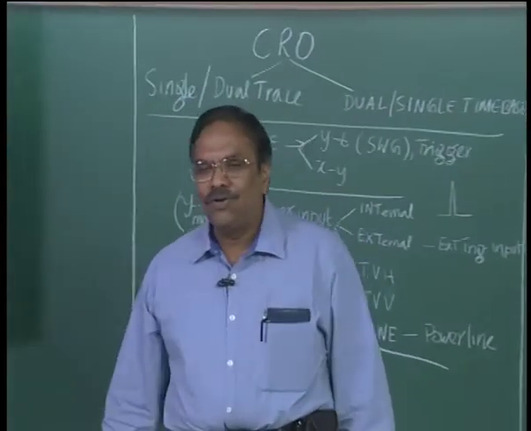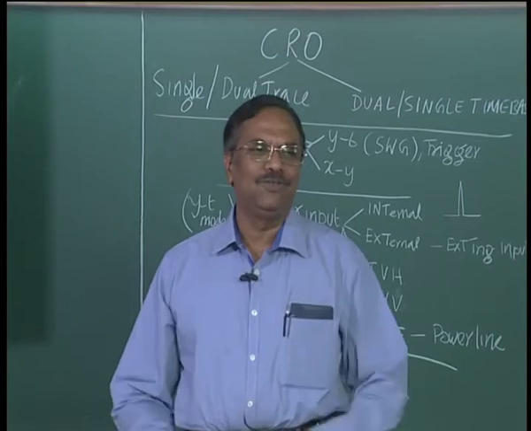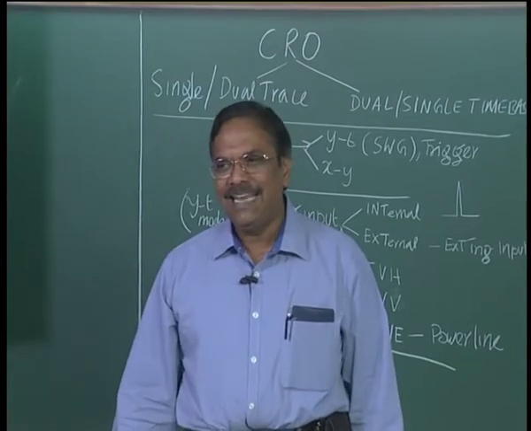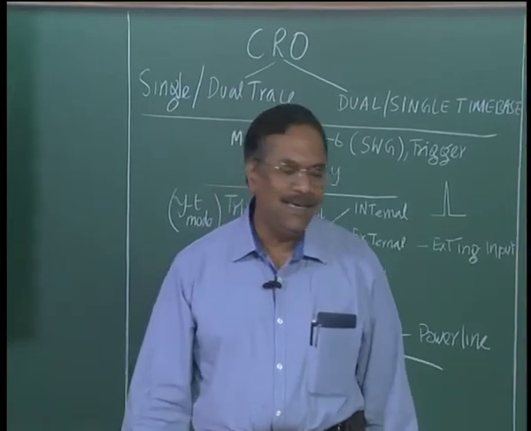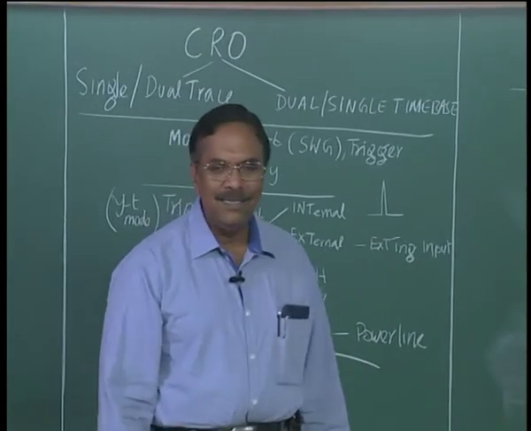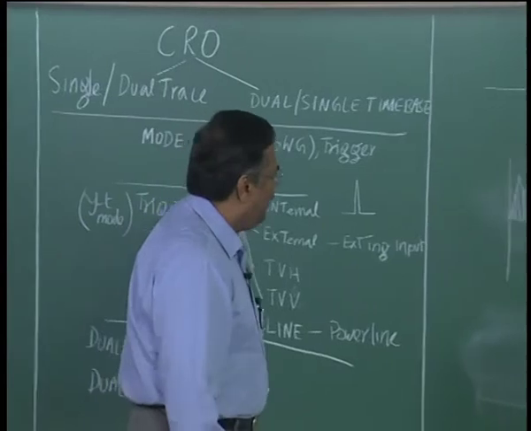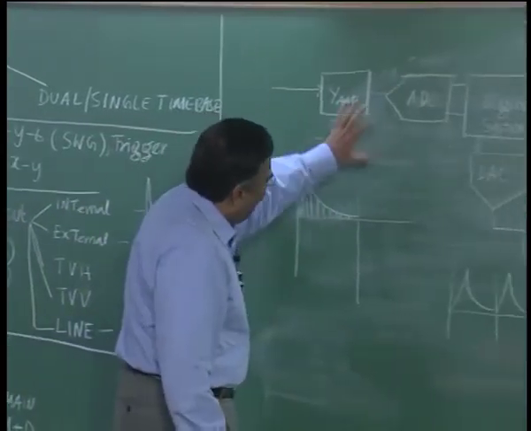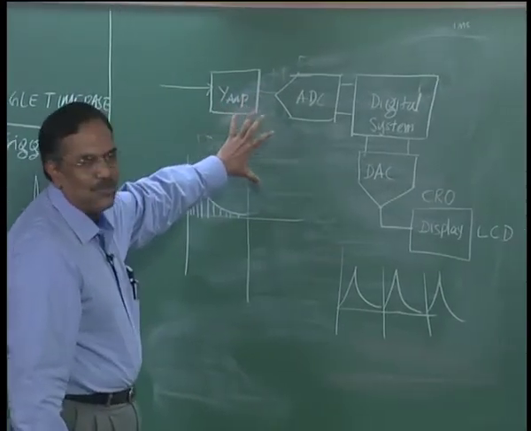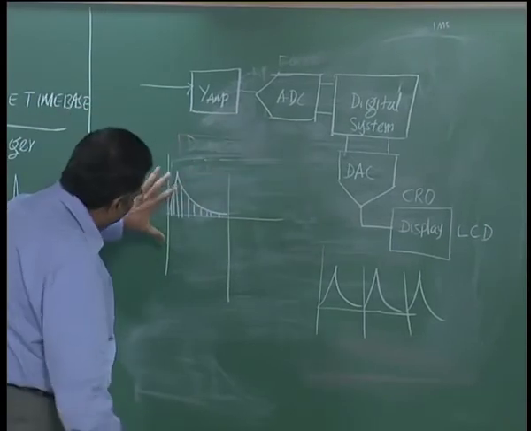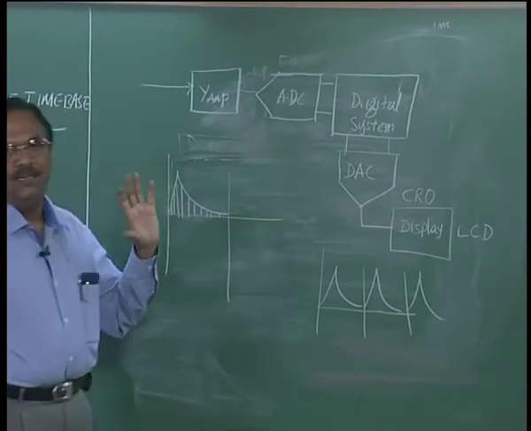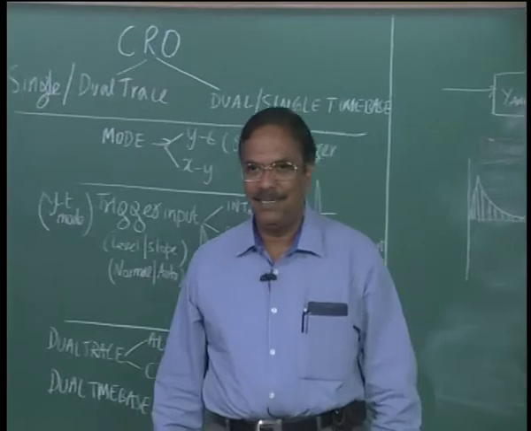Okay. There is no question of repeating, there is no question of generating the horizontal and vertical synchronization and so on. So the moment I have a digital storage oscilloscope, it is possible to view single shot events, right.